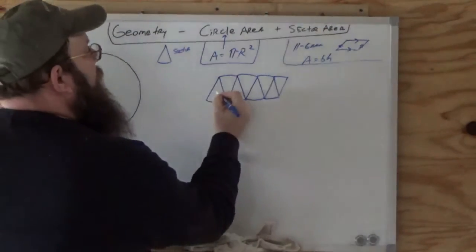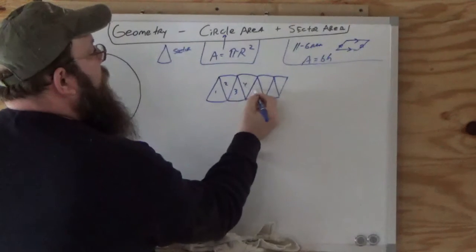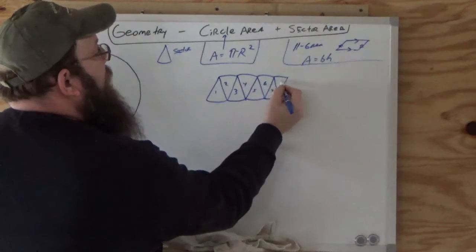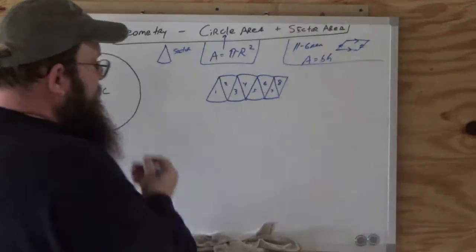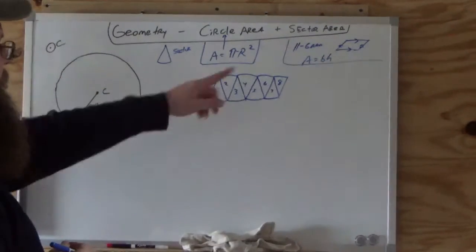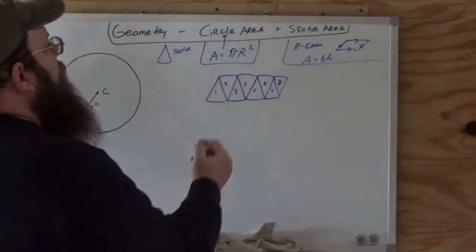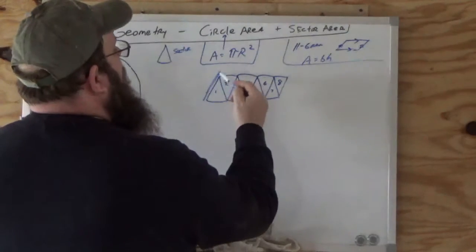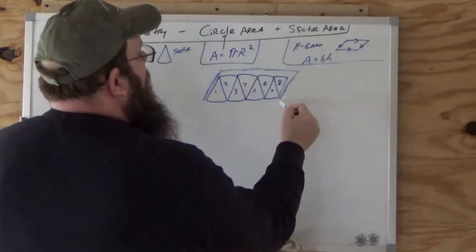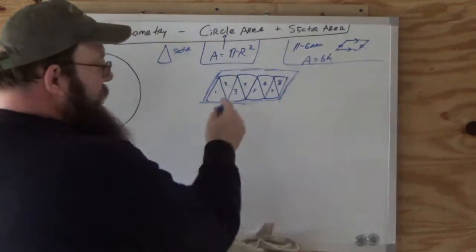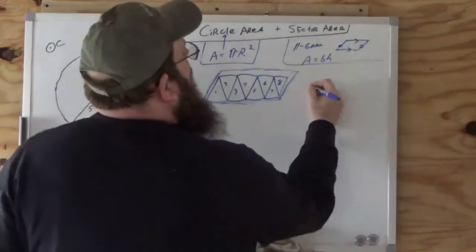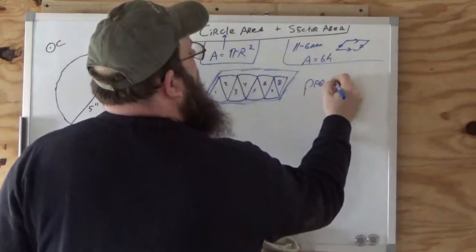There's 8 slices. 1, 2, 3, 4, 5, 6, 7, 8 slices. Guess what that looks like? Look at this shape. It looks like a what? A parallelogram.